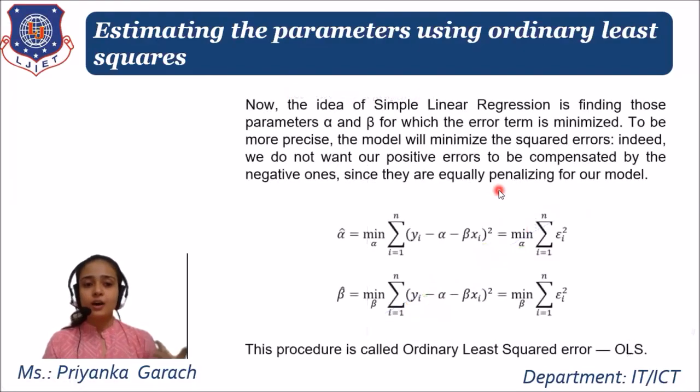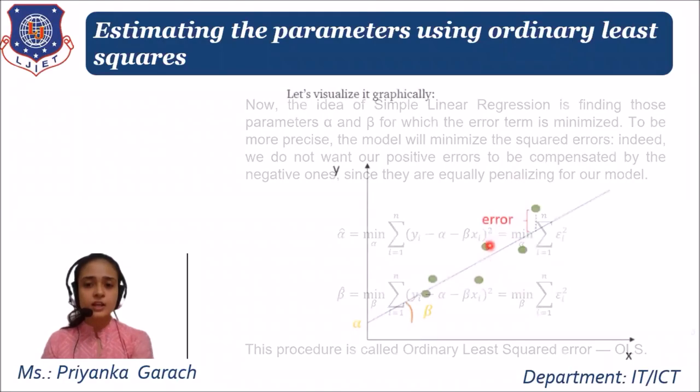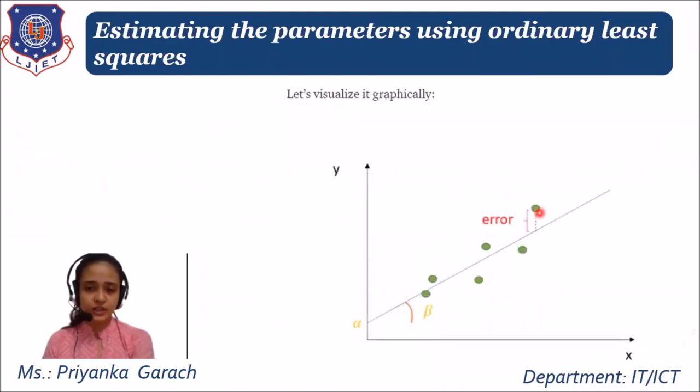So to avoid this problem, what we are doing is the square of the errors. When we do the square of the error term, the negative error will also be converted into a positive one. Just for an example, if the error is -2, then -2 the whole square is +4.